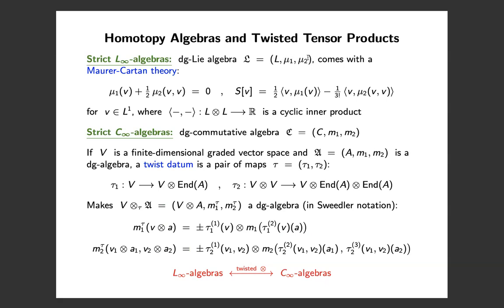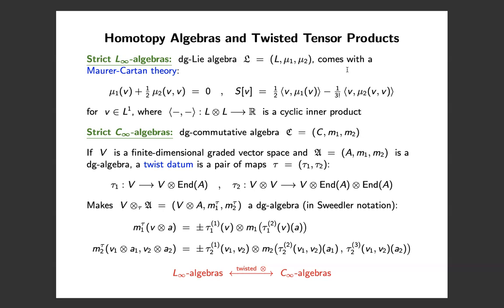And then it comes with an operation mu2, which is just a Lie bracket. It's graded antisymmetric, and it satisfies a graded version of the Jacobi identity. And there's a compatibility condition between the differential mu1 and the bracket mu2, which is like saying that mu1 is a derivation of this Lie bracket.